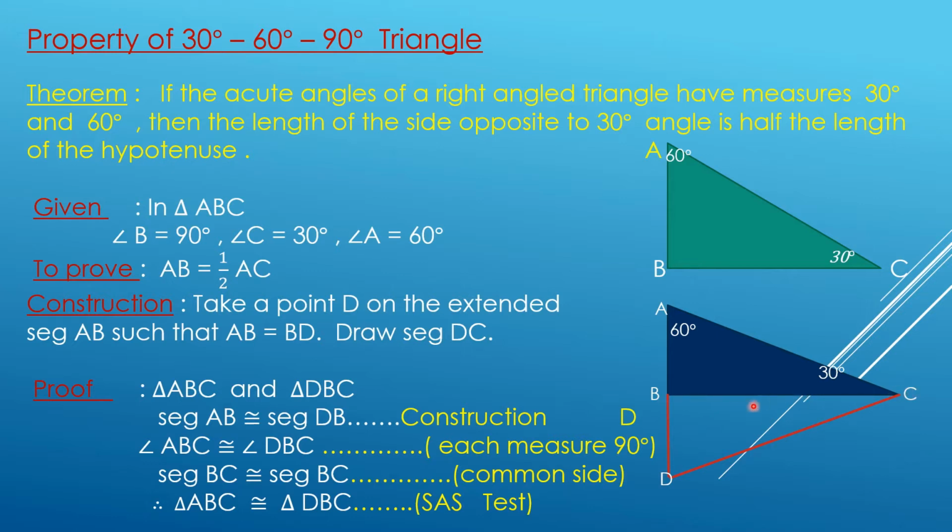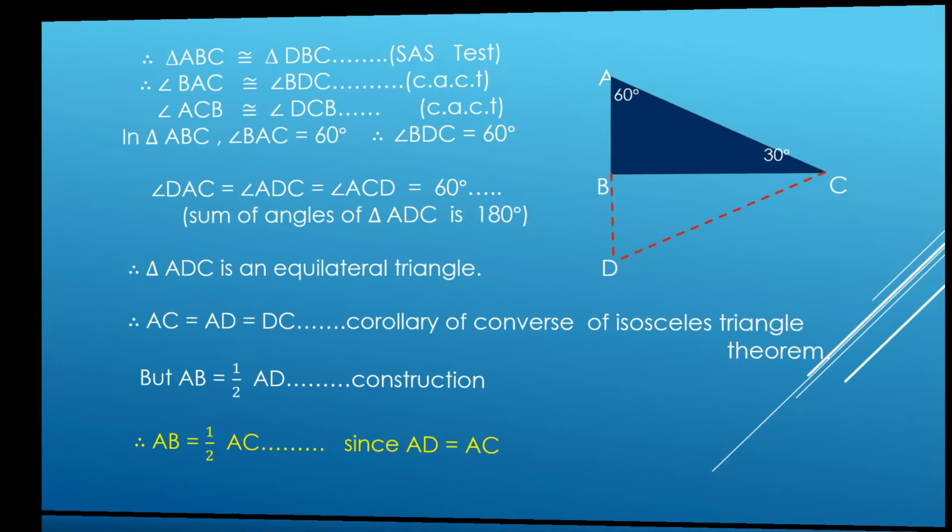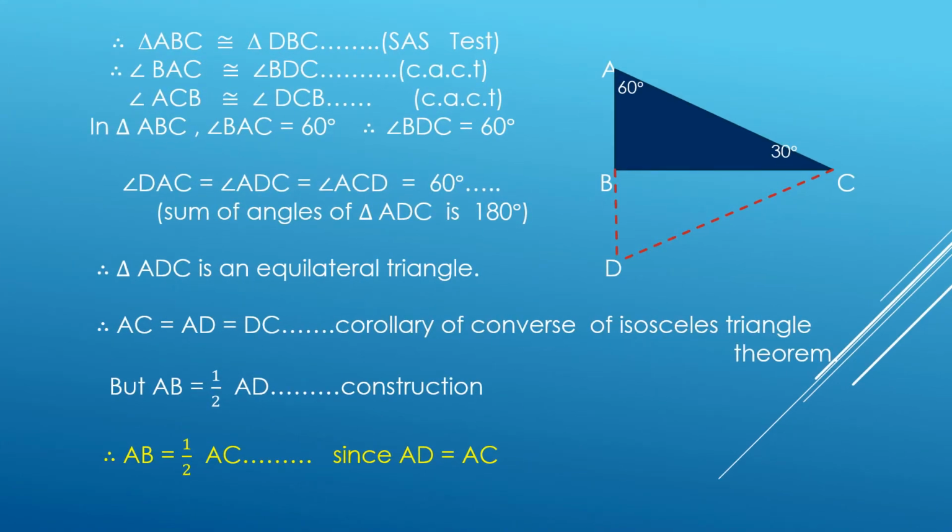Therefore, by which condition are these triangles congruent? That means side, angle and side. Therefore, by SAS test, triangle ABC is congruent to triangle DBC.